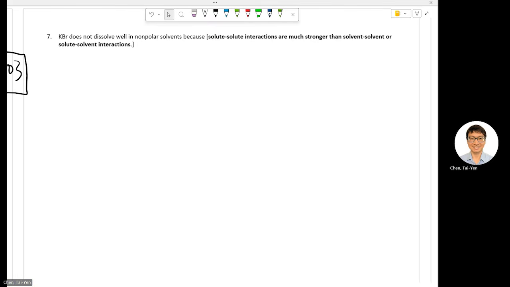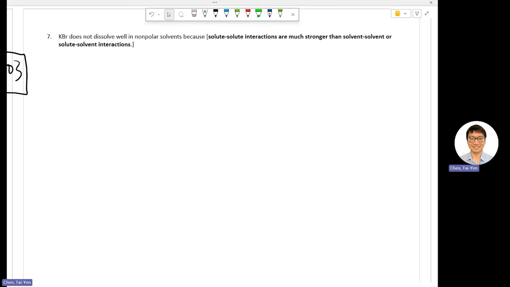The solvent here is a nonpolar solvent. We talk about it as like dissolves like. A nonpolar solvent doesn't really like charged species, since charge is a polar type of thing. So when you put these two together, the interaction between solute and solvent is not going to be a favorable process.